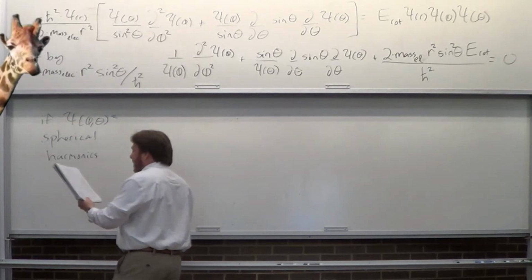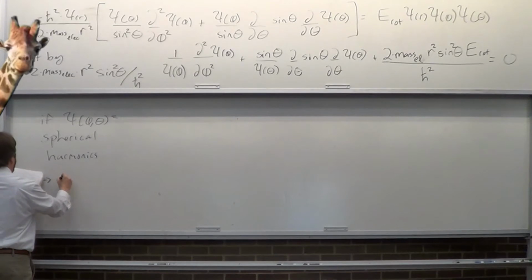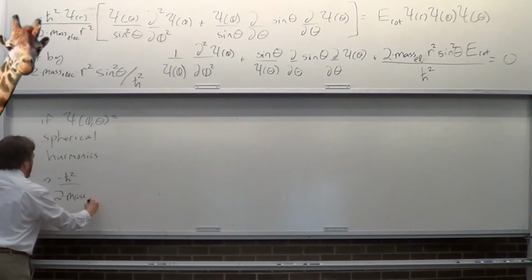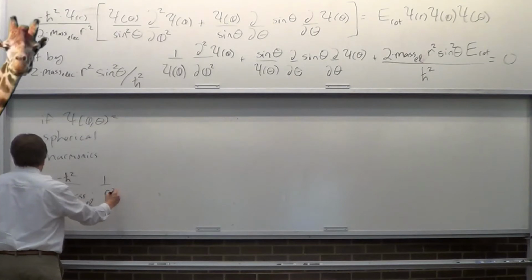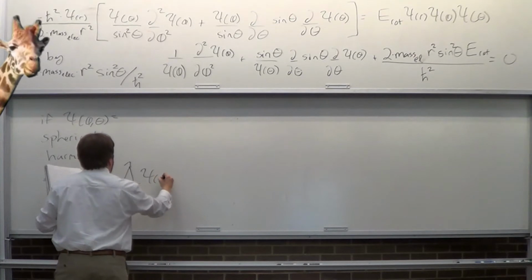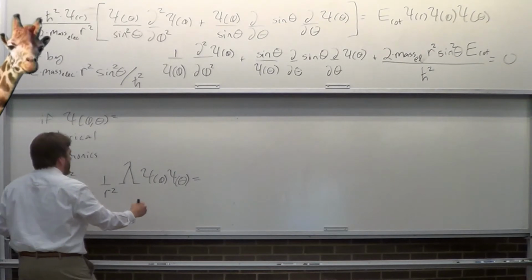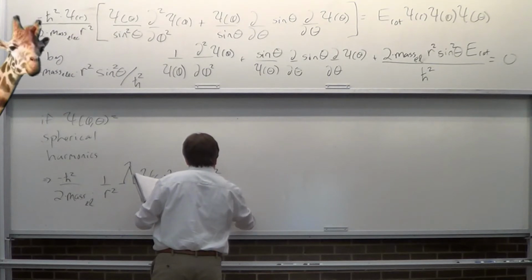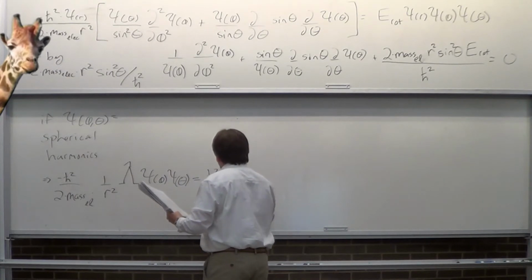Anyway, so spherical harmonics. All right, now if the spherical harmonics are true, then what you have is minus h bar squared over 2 times the mass of the electron, 1 over r squared, angle deal, psi of the angles, is equal to h bar squared over 2 times mass of the electron over r squared.